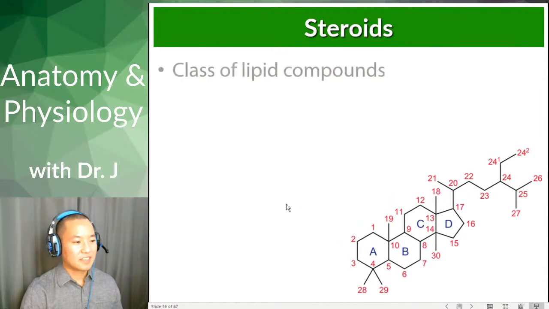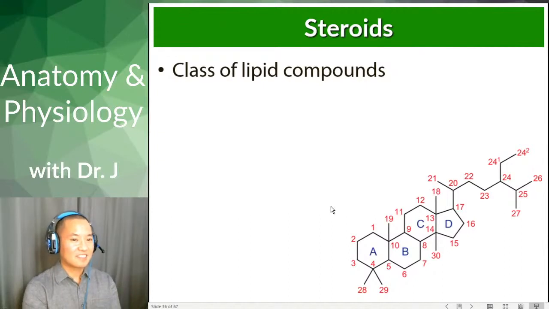In Martini, it gives examples of different steroids, but this is a class of lipid compounds. They are not derived from fatty acids directly. It's actually a more complex pathway called the mevalonate pathway, but that's very biochemistry. Don't worry about that. Just know that steroids are lipids and they look way different.